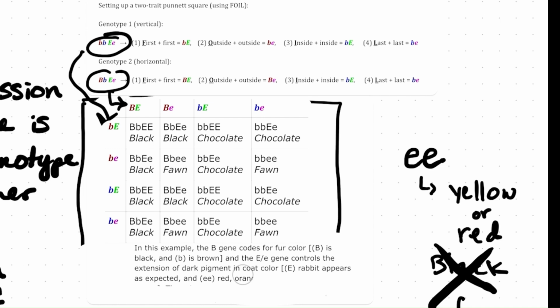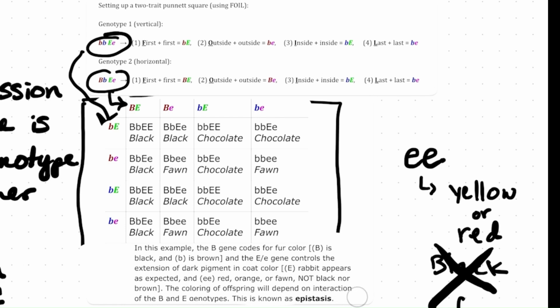And if there is a homozygous little e, then they will not necessarily appear as expected, because those rabbits will always be red, orange, or fawn, not black nor brown. The coloring of offspring will depend on the interaction of the B and E genotypes. This is known as epistasis.